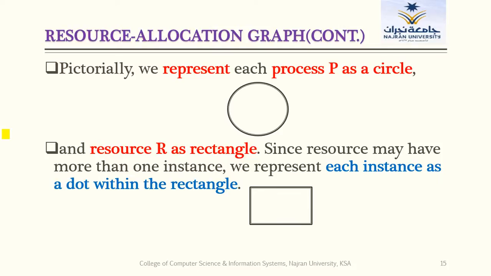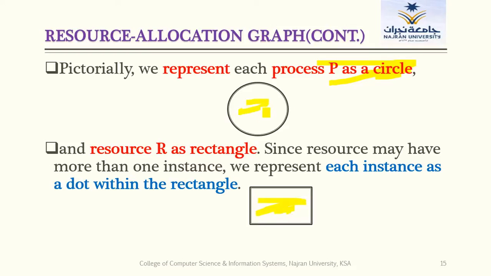Now, how will we represent resources and processes? Whenever we have a process, we will use a circle to represent the process, and to represent the resource we will use a rectangle.